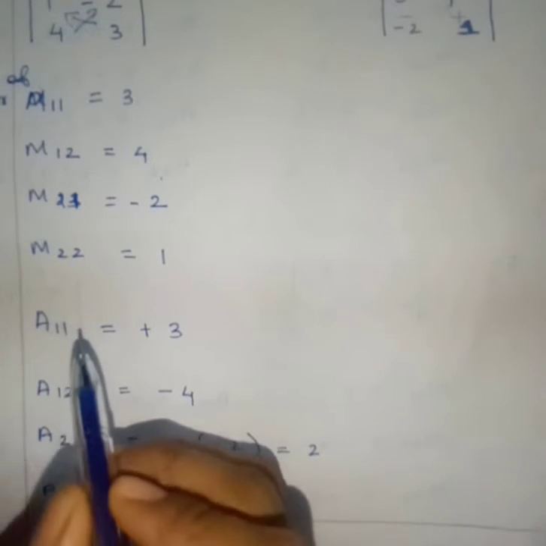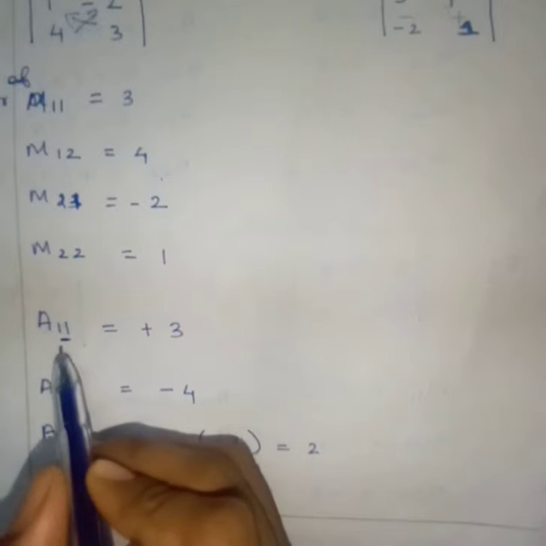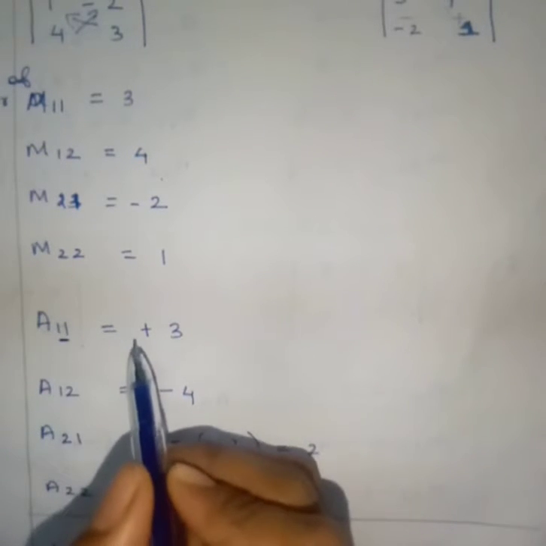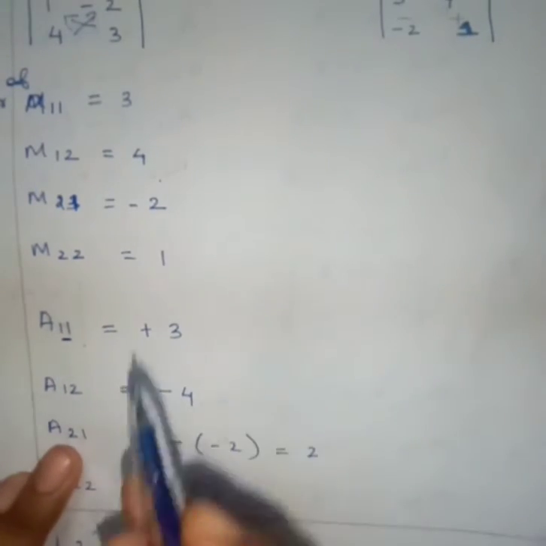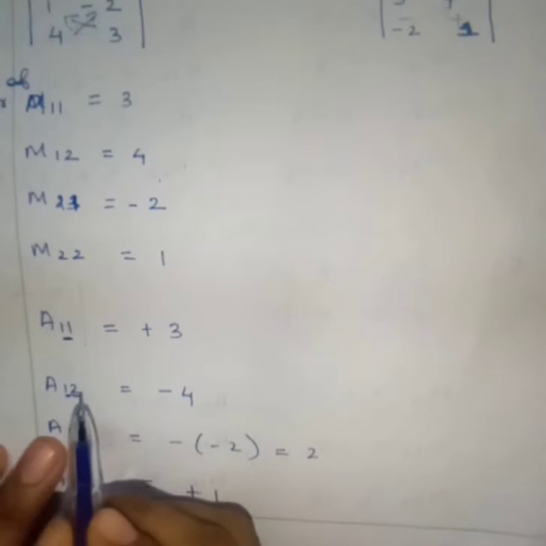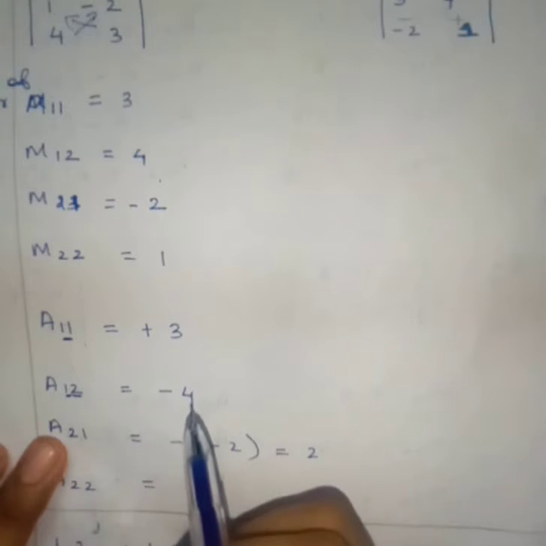A11, see, 1 1, if I add these two, what are you getting? You are getting an even number, so even is positive, so plus 3. Already you have 3, so plus 3 itself. 1 plus 2 is 3, odd number, right? So you will get a negative number. Here it is 4, so negative into positive will become negative.